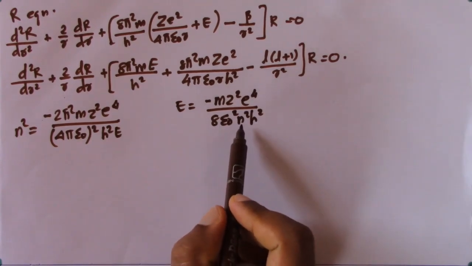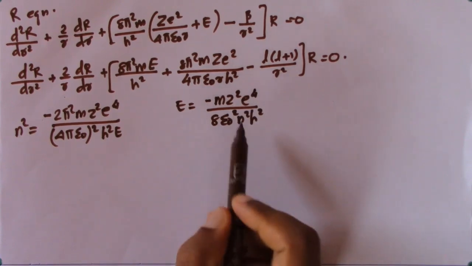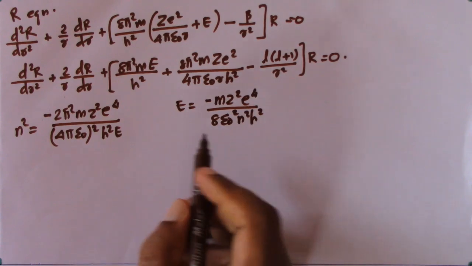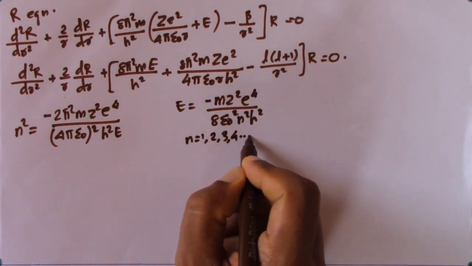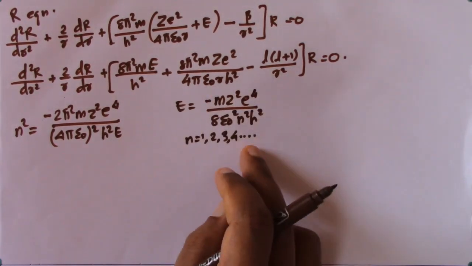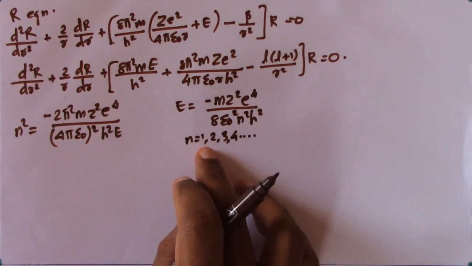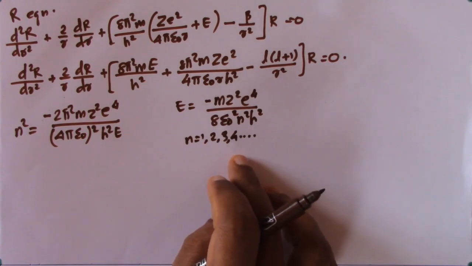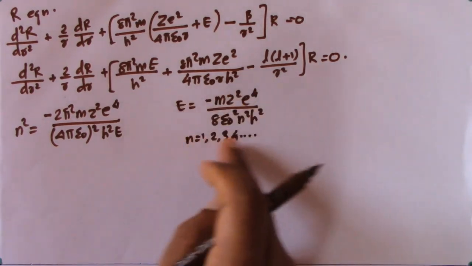Here n represents the number of the orbit, or actually n is a quantum number, because n can have the values 1, 2, 3, 4, etc. These are the only possible values of n when we are considering the Bohr model. In the Bohr model, this n is the principal quantum number. It can have only restricted values, and you can rearrange this equation.